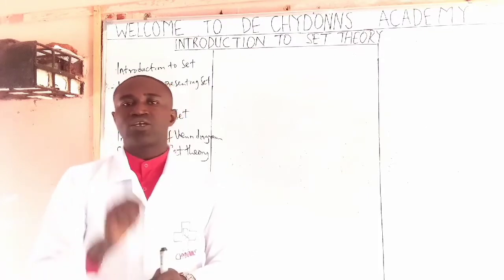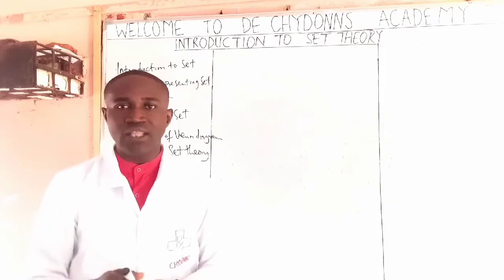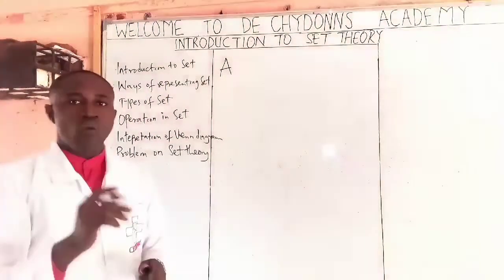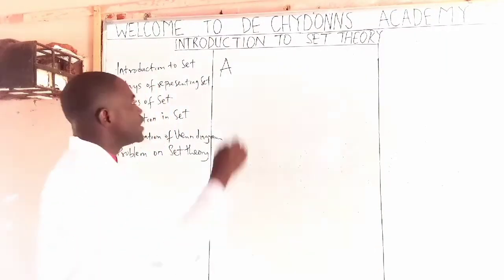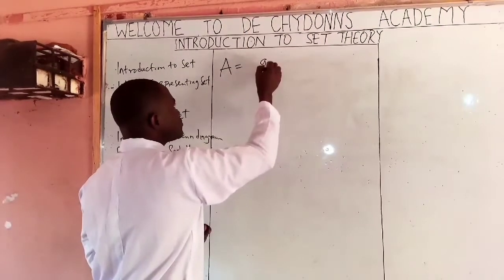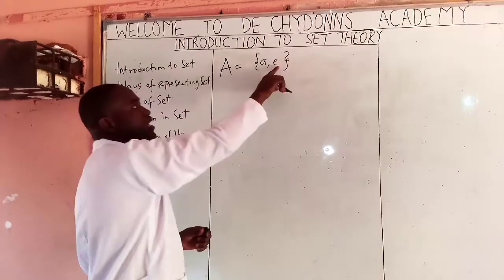Now, note that to represent a set, the set itself is denoted with a capital letter, whereas the elements, or what we call members of that set, are represented with small letters, such as the letter a, letter e.